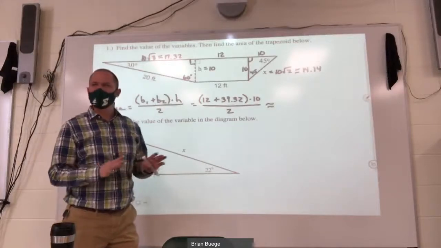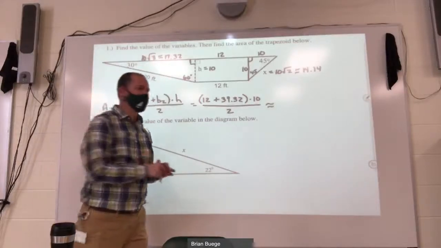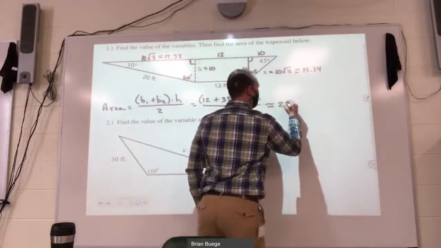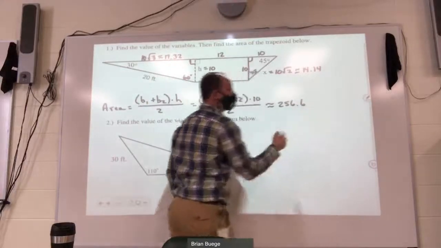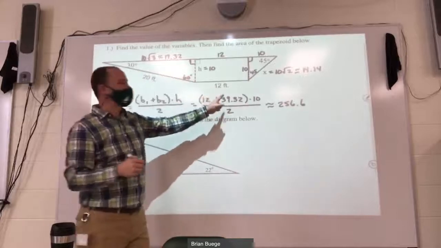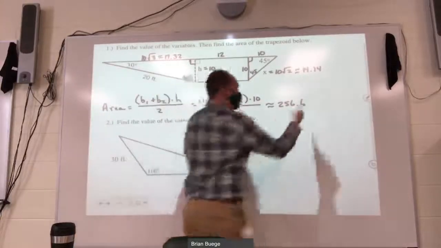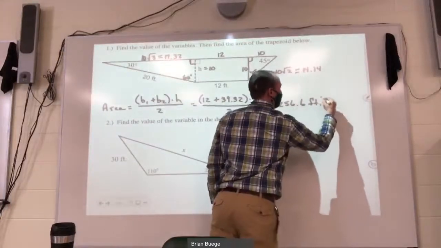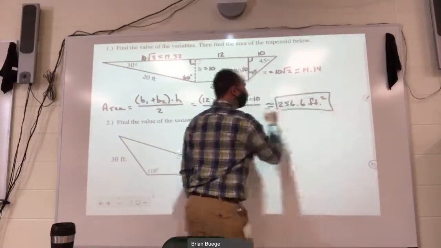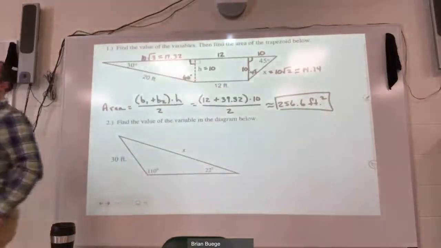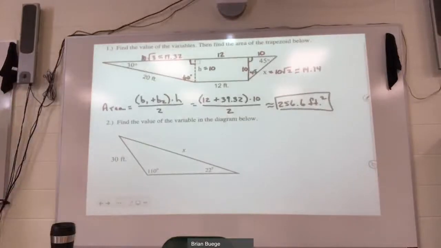Like I said, your answer should be somewhere in the 250. Okay, so approximately 256.6. If I throw some units on there, we're in feet, and I just found an area, so therefore it is square feet. So 256.6 square feet is the area of that trapezoid.